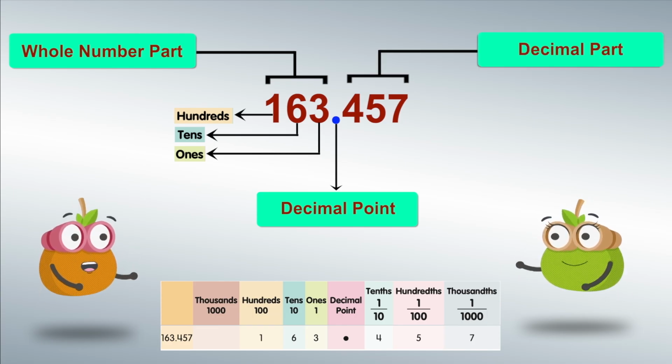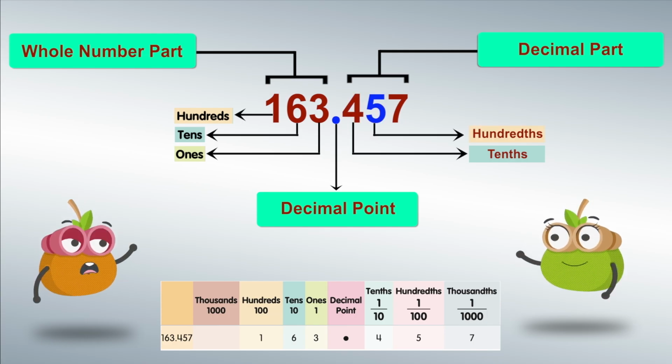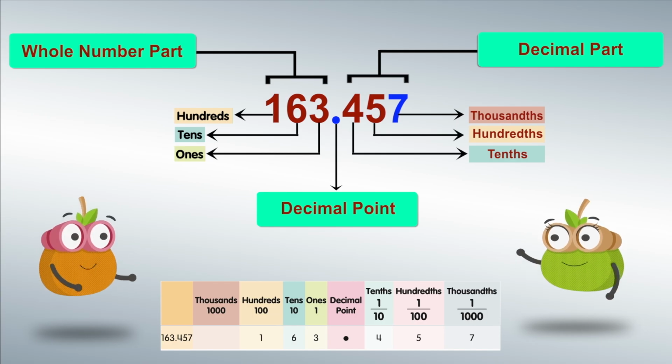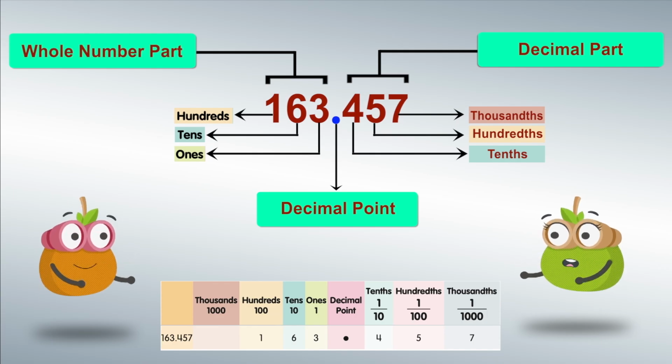Here it is 4, 5, and 7, where 4 is at tenths place, 5 is at hundredths place, and 7 is at thousandths place. This indicates that decimals consist of two parts, a decimal part and a whole number part, separated by a dot, which is known as a decimal point.